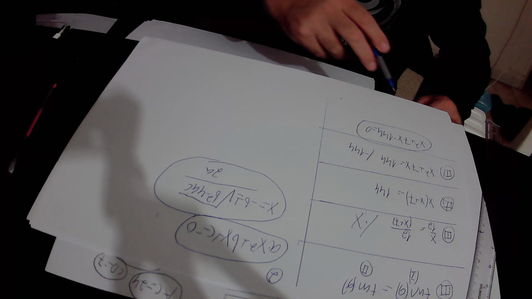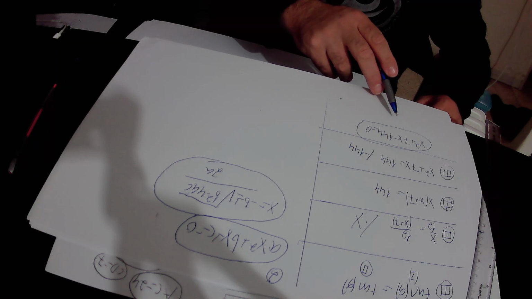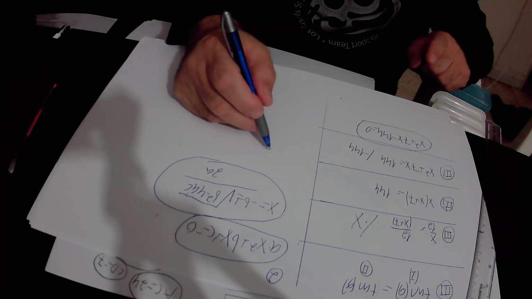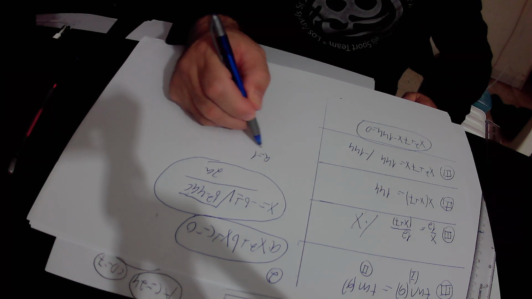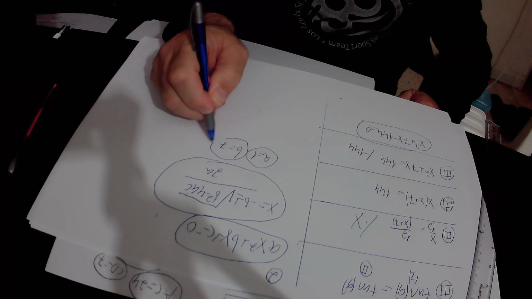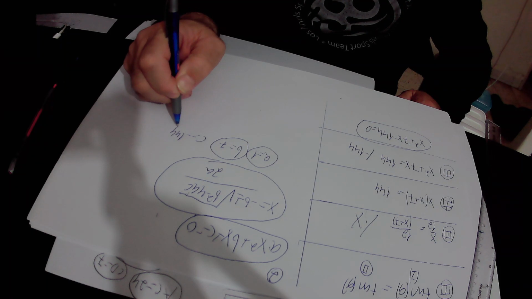In our specific quadratic equation, x squared plus 7x minus 144 equals 0, the coefficient a equals 1, the coefficient b equals 7, and the coefficient c equals minus 144.